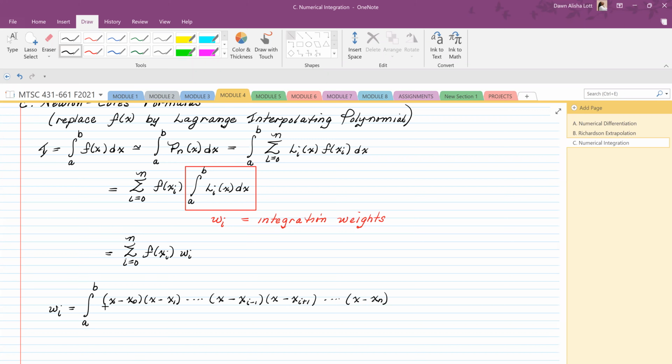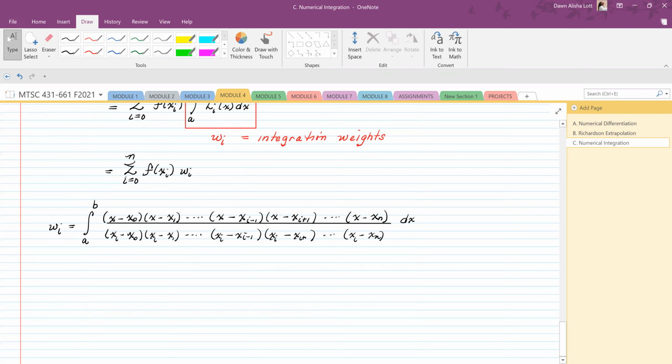And then I divide that whole thing by xi minus x0, xi minus x1, dot, dot, dot, xi minus xi minus 1, xi minus xi plus 1, all the way up to xi minus xn, dx. So that's a pretty big deal.